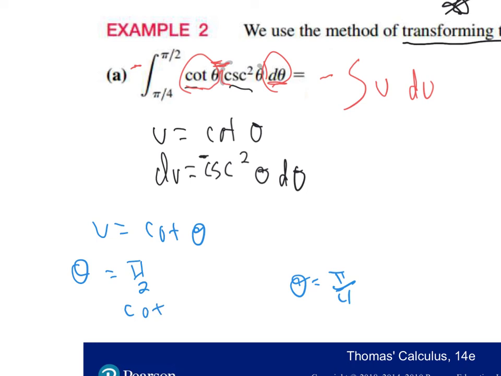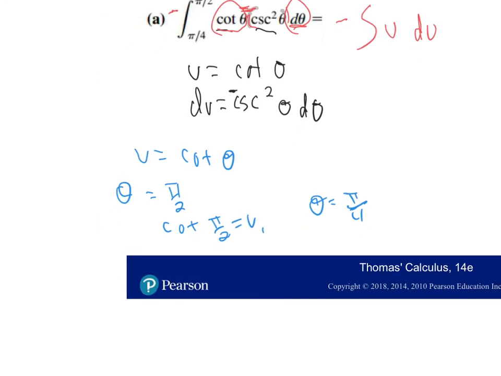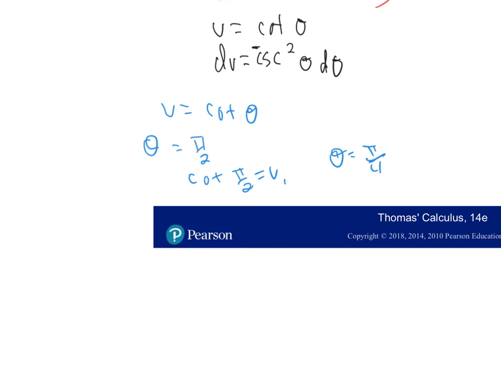Cotangent of pi over 2 will be this u, my first one. Pi over 2 is here. No, that's pi. Pi over 2 is here. There's pi over 2. That ordered pair is 0.